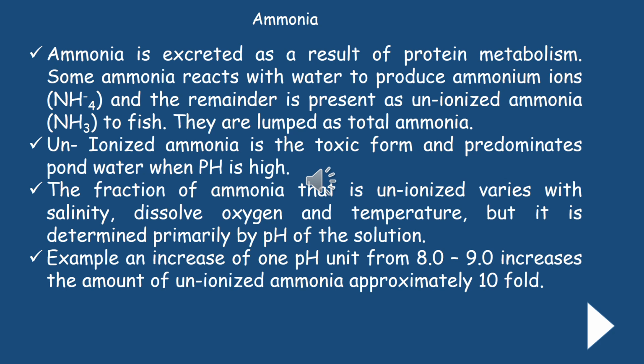For example, an increase of one pH unit from 8, slightly alkaline, to 9.0, alkaline, increases the amount of unionized ammonia approximately 10 times.